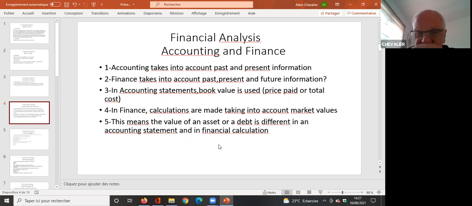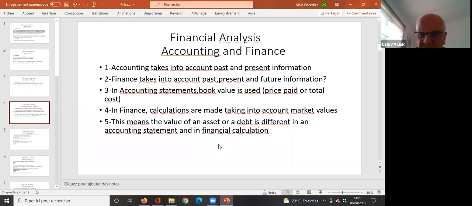Let's also, this is point 3, but in accounting statements, we apply what we call book value. And book value means it is either the price paid or the total cost. If you have a look at the non-current assets, for example, we will do that in a few minutes in the balance sheet, all these numbers are for investment, let's say production equipment.